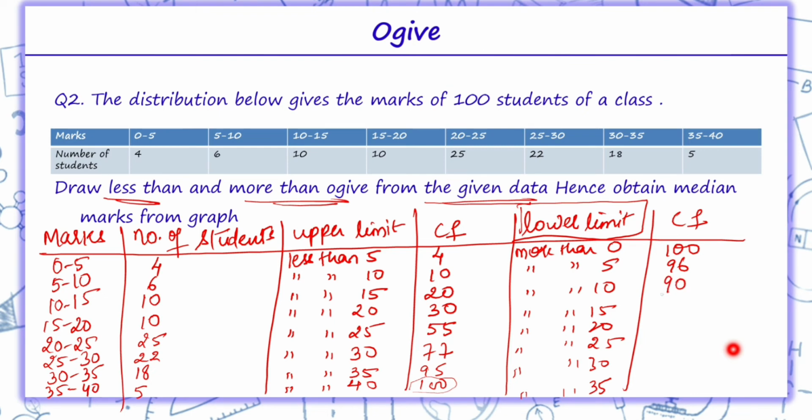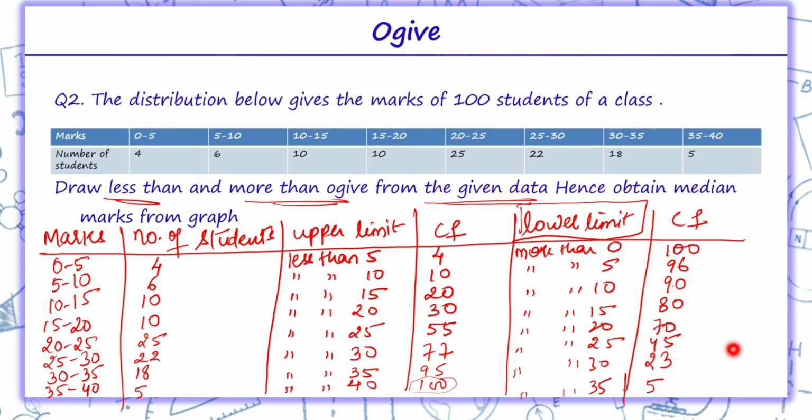Similarly now we have to subtract from these frequencies, 90 minus 10, 80, 80 minus 10, 70, 70 minus 25, we will get 45, 45 minus 22, 23, then 23 minus 18, it will be 5.